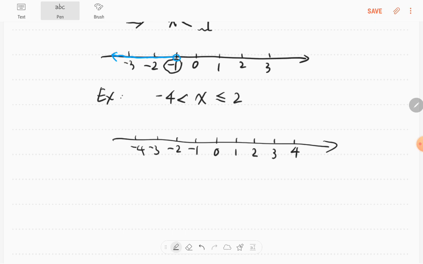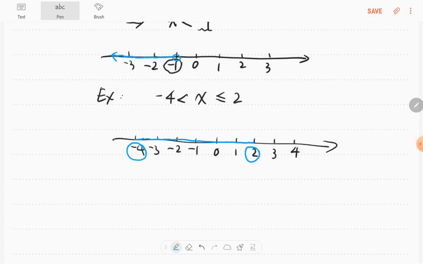First, we locate these two values. The first is -4, and the other one is 2. We should draw a line from -4 to 2. This time it's not an arrow, it's just a line segment, from -4 to 2.